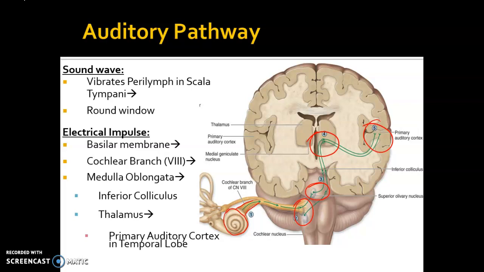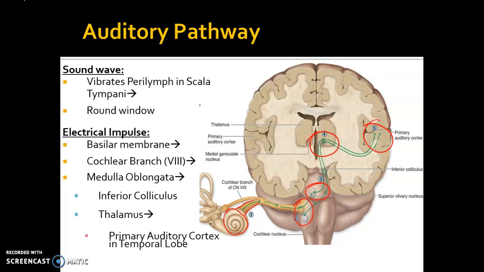This causes the basilar membrane to vibrate, and as the basilar membrane vibrates, the hair cells hit the tectorial membrane and they bend. Bending of the hair cells against the tectorial membrane causes stimulation of the nerve endings, and an action potential is carried by the cochlear branch of cranial nerve 8, and the action potential then reaches the medulla oblongata of the brain.